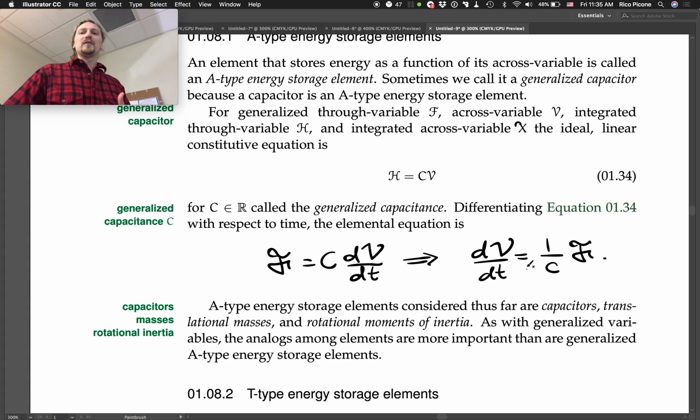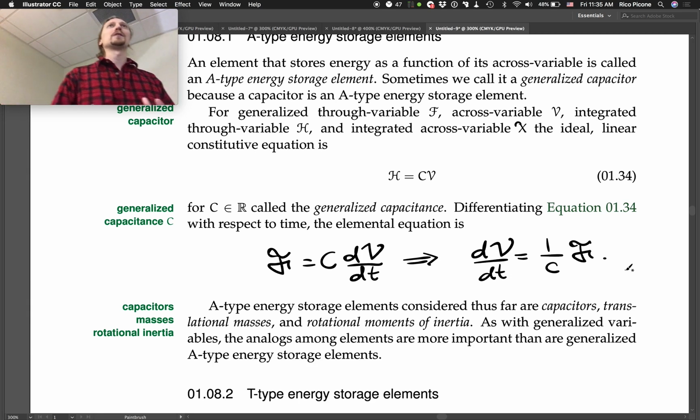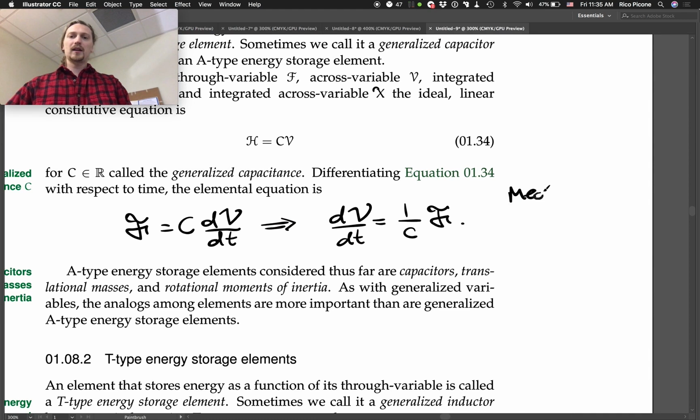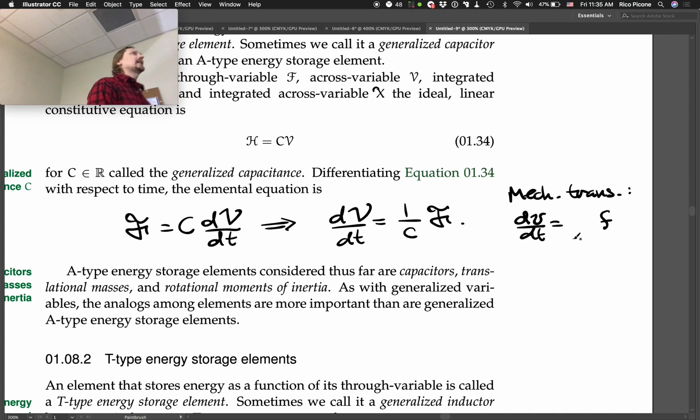So dv dt equals, and we have something times the through variable for translational mechanical systems, which is the force, F. So for mechanical translational, you would have dv dt equals something times the force. We know the force is equal to the mass times the acceleration, right? Newton's second law, so that means this has to be 1 over m. Force is equal to mass times acceleration.